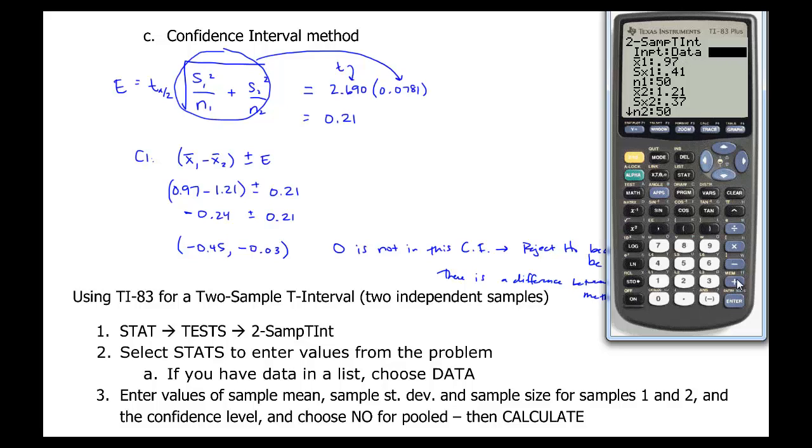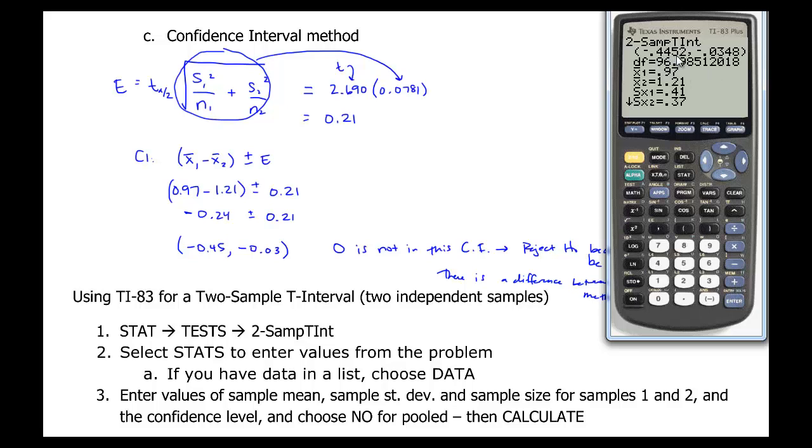We have stats, so we're going to use that. And all our numbers are saved in here from when we did the test, so nothing's changing here. Put in the confidence level. Since alpha was 0.01, the confidence level we need is 0.99 because it has to add up to 1. We're always going to choose no for pooled, and we hit calculate, and there's our confidence interval.